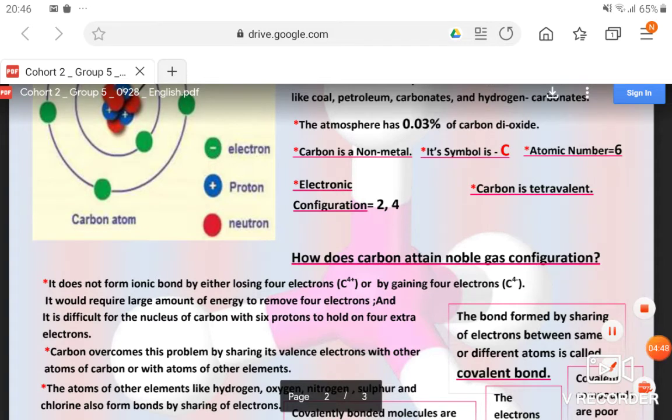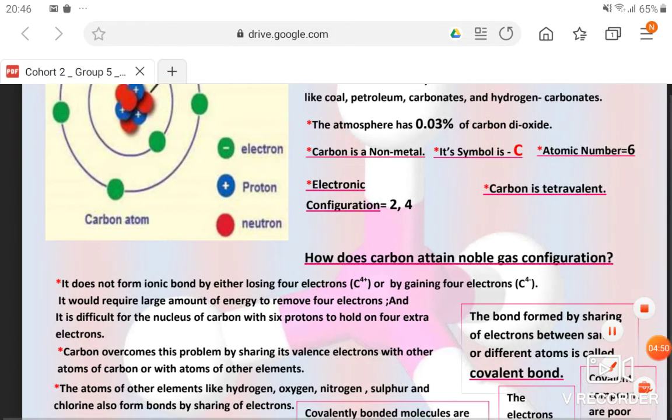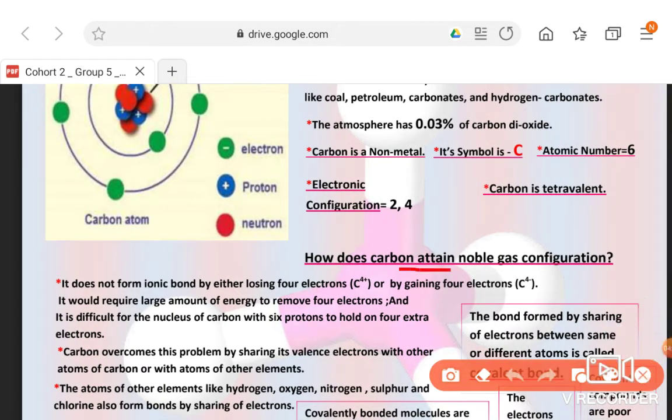So what will carbon do to attain noble gas configuration? We have already studied in metals and non-metals what noble gas configuration is. Noble gases are the elements which have a complete outermost shell. For helium it is 2, because it has only one shell.